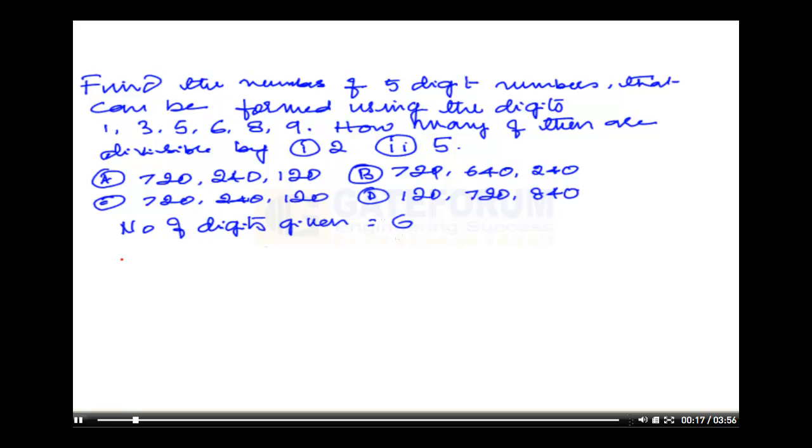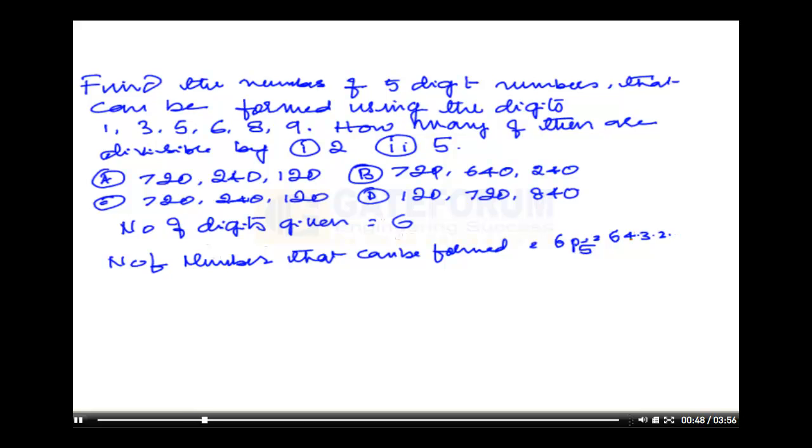So therefore the number of numbers that can be formed is equivalent to 6P5, that is 6 into 5 into 4 into 3 into 2, so that is equivalent to 720.